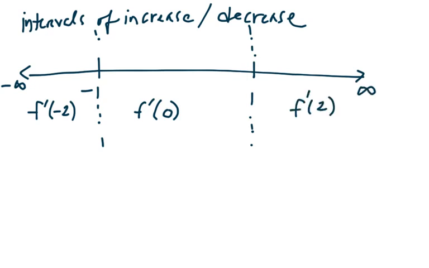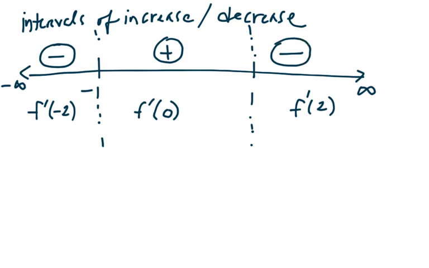And then I want to look at the interval from 1 to infinity, so I will test f prime of 2. So f prime of negative 2 gives us a negative number if we plug everything in. F prime of 0 gives us a positive number. And f prime of 2 gives us a negative number.